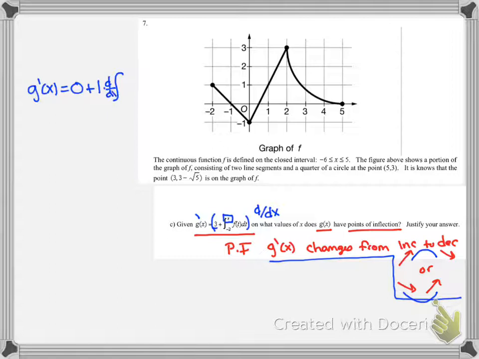Those are going to cancel out. I'll just have 1 times f of t with that x plugged in, minus 0, because that lower limit was a constant.